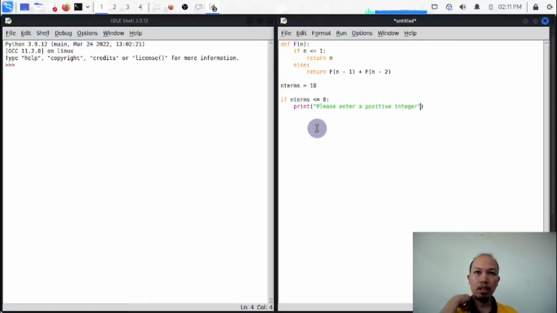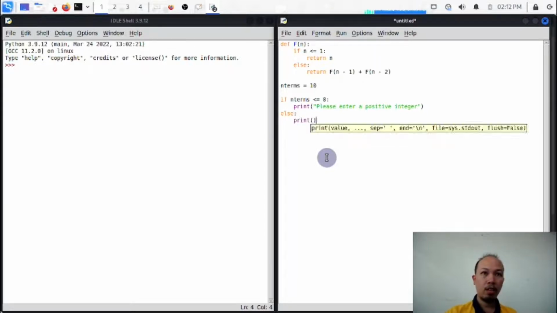Else, we will evaluate and print the Fibonacci sequence. I know that you are familiar with this.